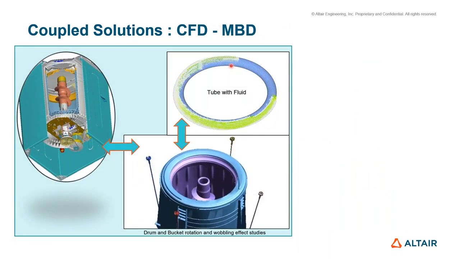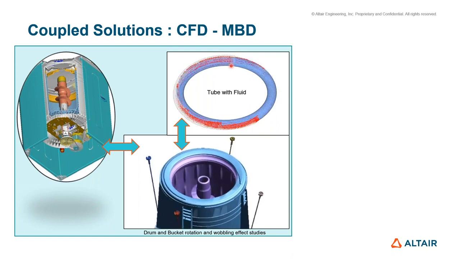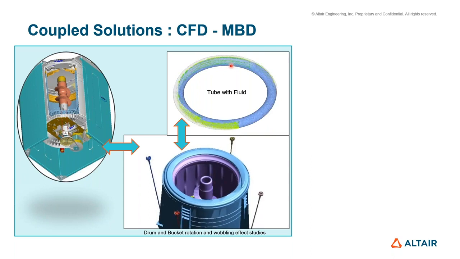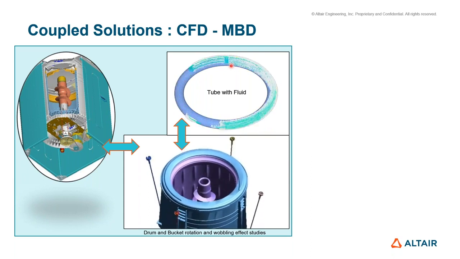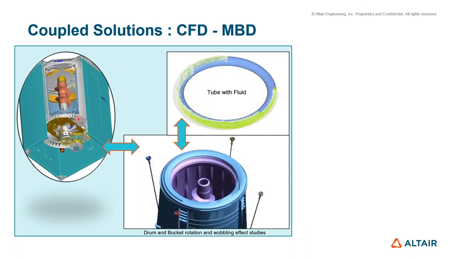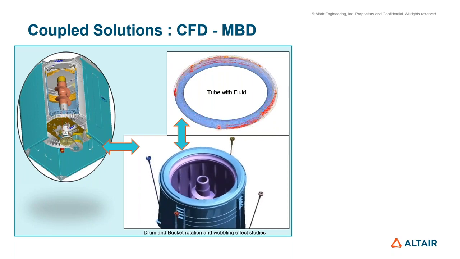Coupled solutions will not be complete if we don't talk about CFD and MBD. Here I'm looking at a washer. The client here has a balance ring, fitted here around the drum and the bucket rotation. There's a wobbling effect.